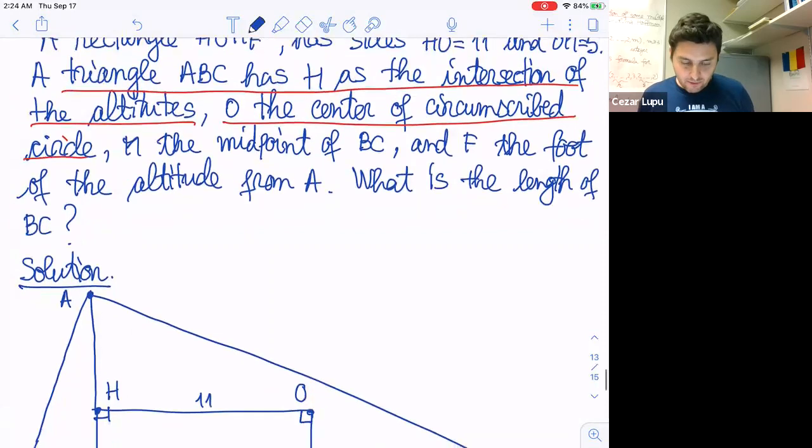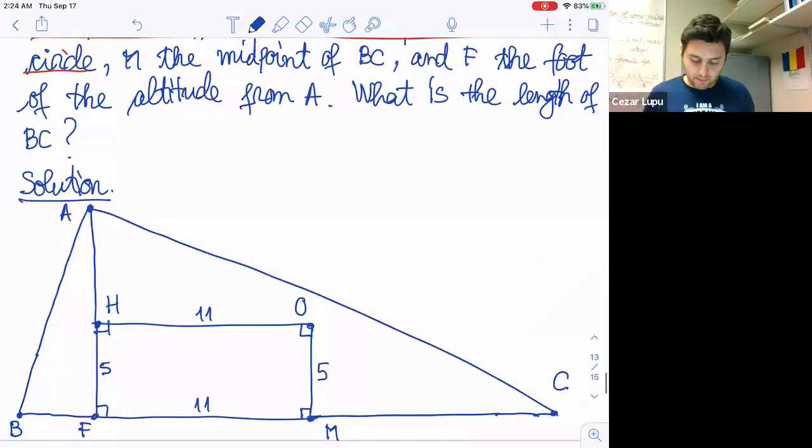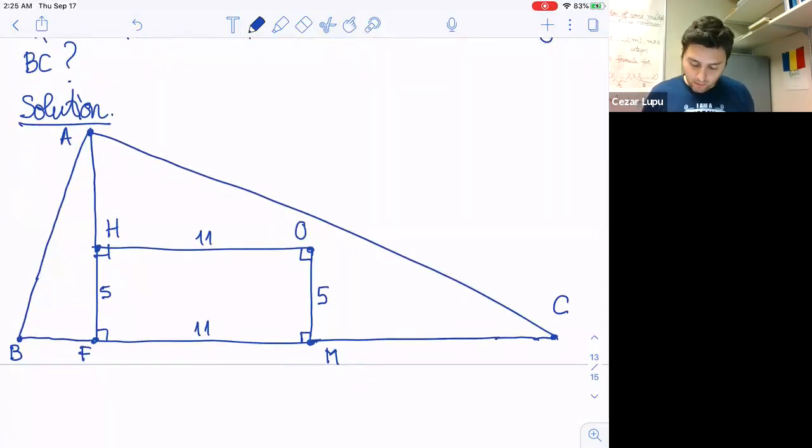And F is the foot of the altitude, that's beautiful. M is the midpoint of BC. Oh wow, so these two are equal here.